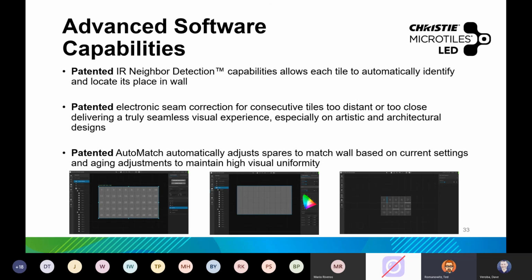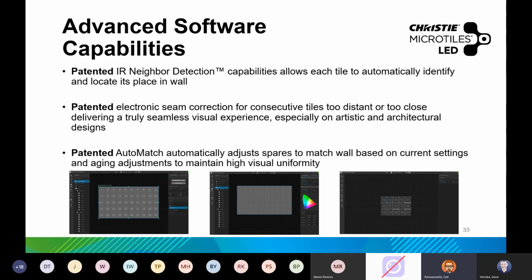We also have a patented approach to electronic seam correction. For example, if the subsequent tiles are too close, that'll get you a bright or white line. If they're a little bit spaced further apart, then it'll get you a dark line. Our mechanical system is, again, built to high tolerances, so this minimizes the need for seam correction.